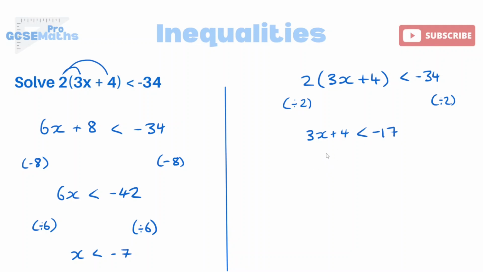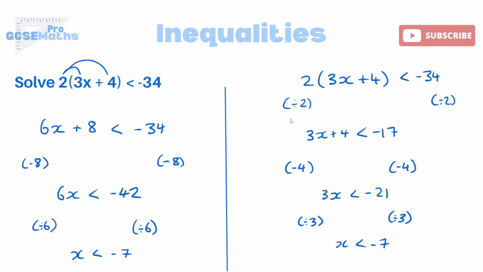And then all I need to do is minus the 4. So I've got 3x is less than minus 17, take away another 4 is minus 21, and divide by 3, you can see we're going to end up with the same answer. Minus 21 divided by 3 is minus 7.